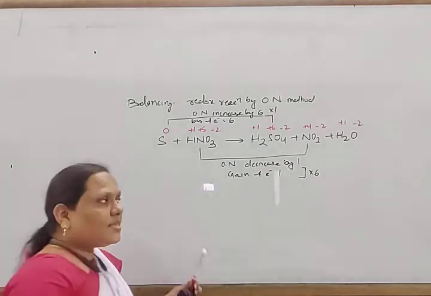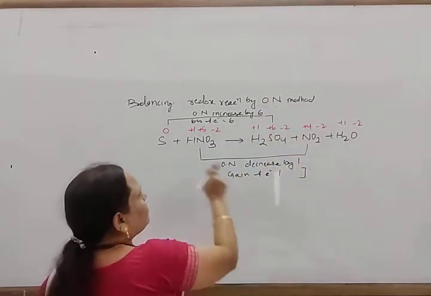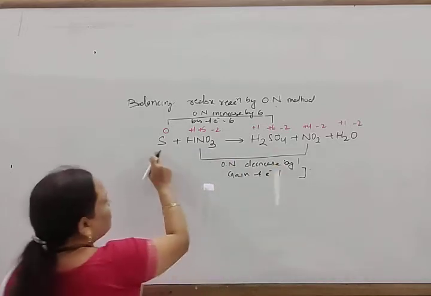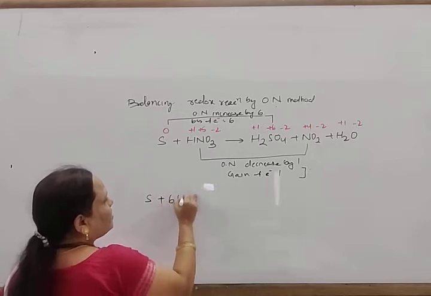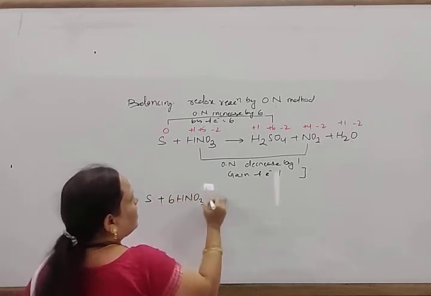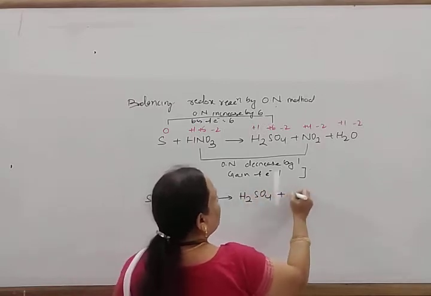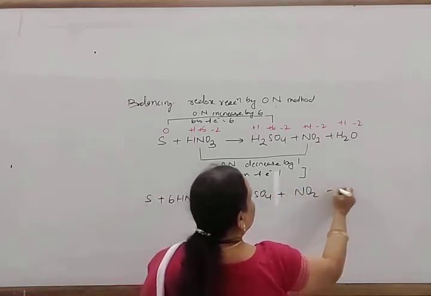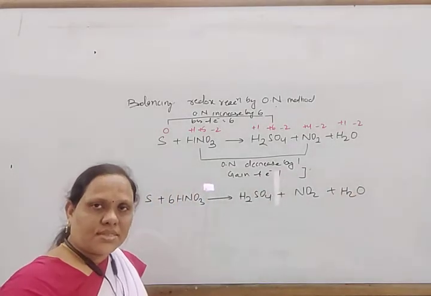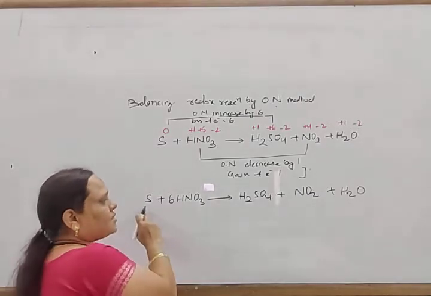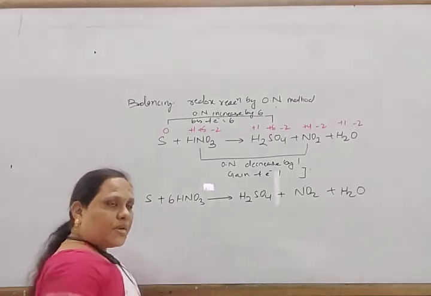So S plus 6HNO3 gives rise to H2SO4 plus NO2 plus H2O. Always balance hydrogen and oxygen last of all. Now the total number of electrons lost is equal to the total number of electrons gained.